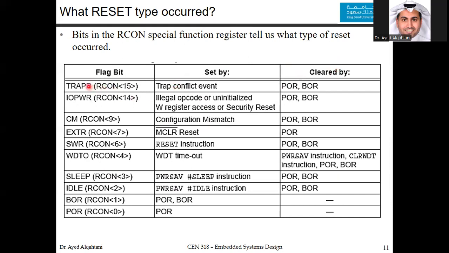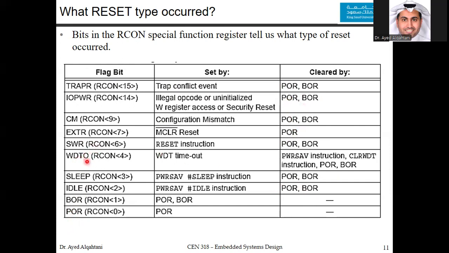All of the reset flags could be cleared by a reset that is more powerful than them, and the only reset that's more powerful than all of them is the power on or the brown out. This is why you see it here everywhere.